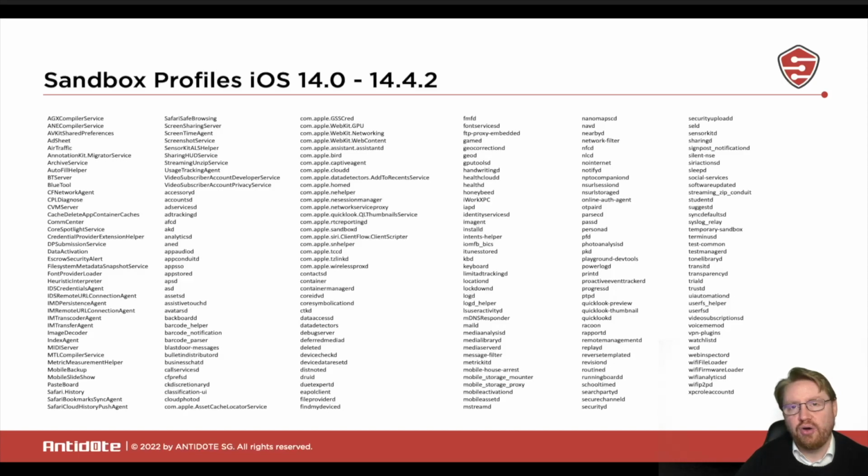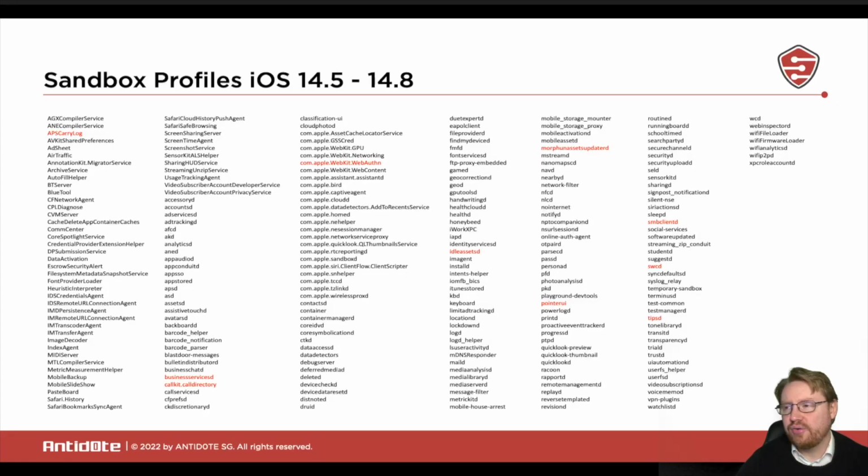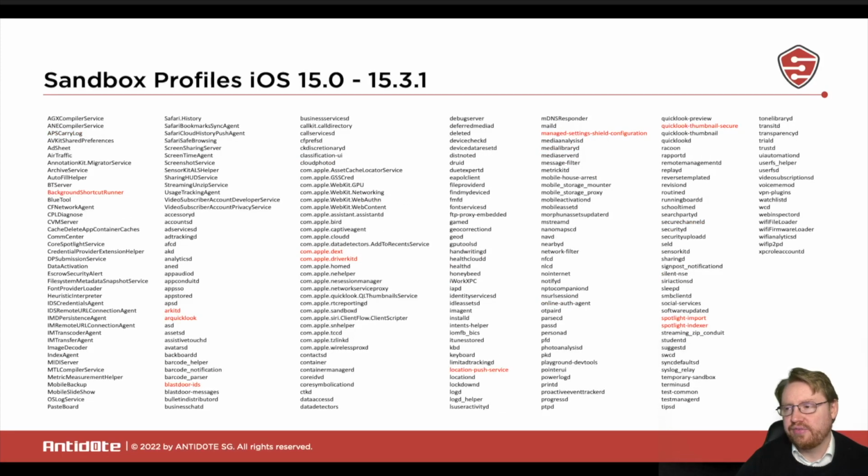So you already know from the name of the Sandbox profile usually what is running inside this profile. Of course, with newer versions there's new features. Apple puts new daemons on the system with sandboxes, or they put new sandboxes on old daemons. So you can see this is the difference between those two iOS versions. And then with iOS 15 we have the same thing again.